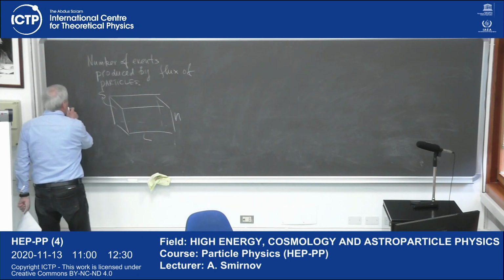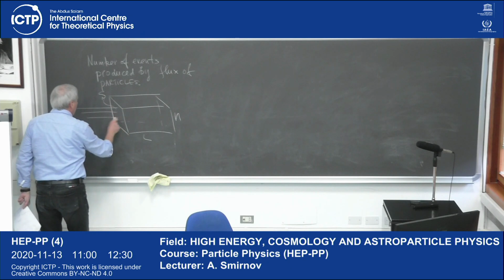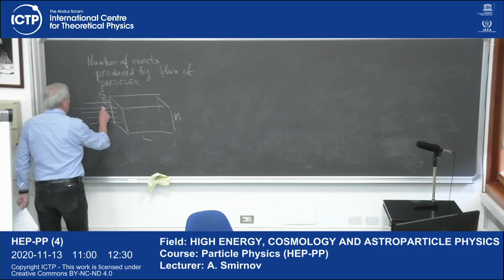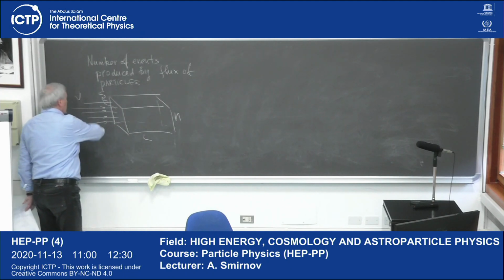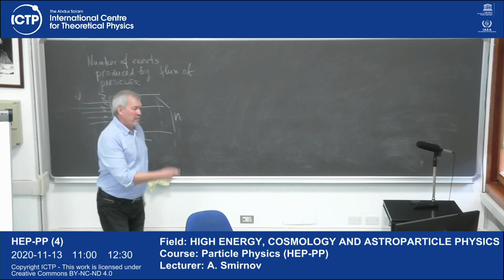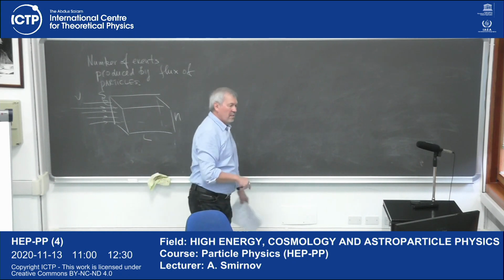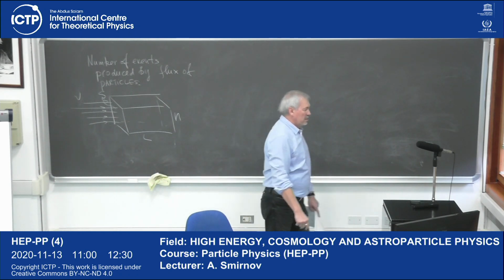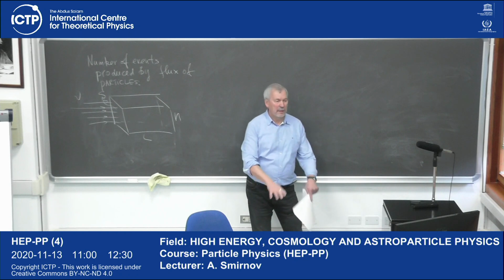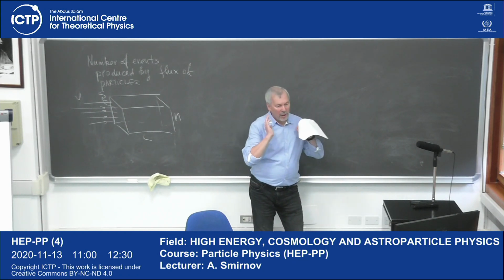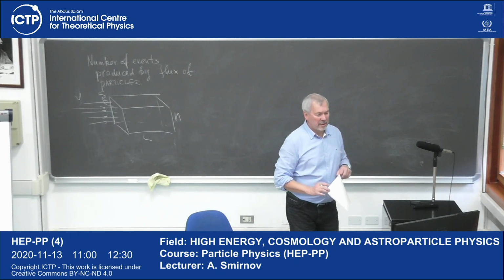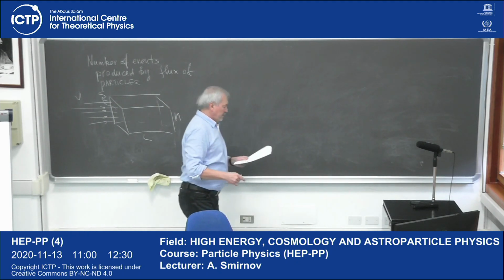And you have particles, or a flux of particles, which enter your detector. For instance, neutrinos. We just have not a single neutrino, but a flux of neutrinos. For instance, a flux of neutrinos produced in an atomic reactor, which is a huge flux of neutrinos which falls onto the detector.